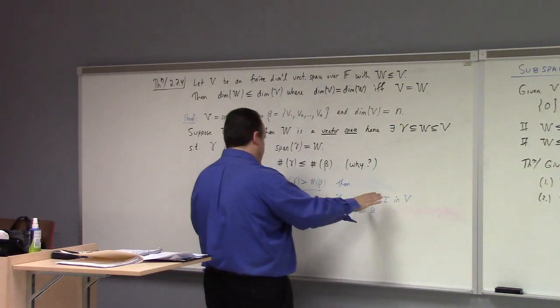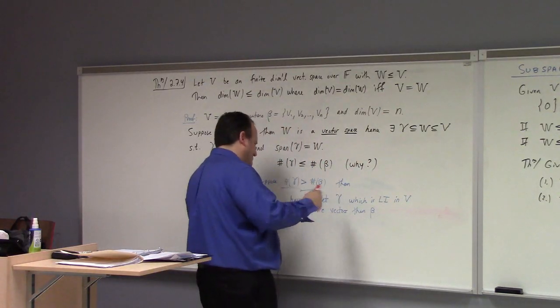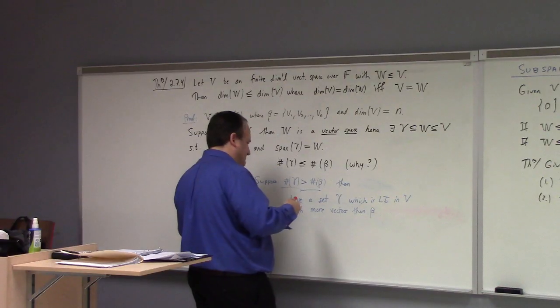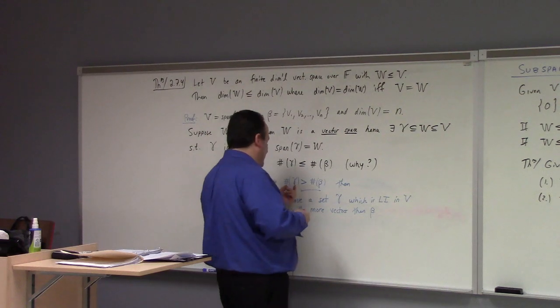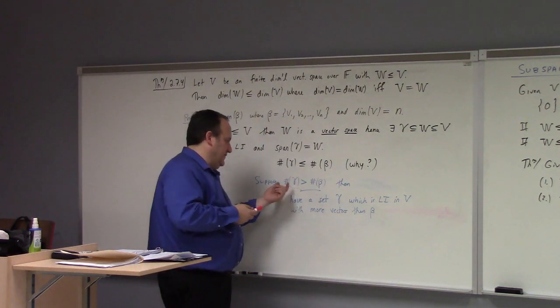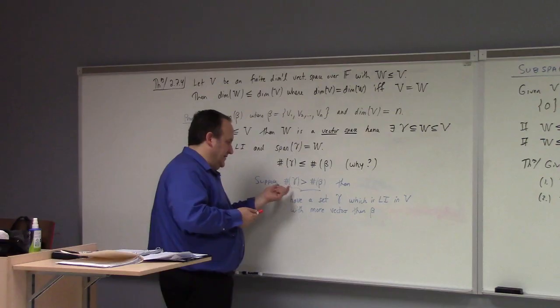All right, we have a set with more vectors than beta. So it must be that there's a vector in gamma which is not in the span of beta.